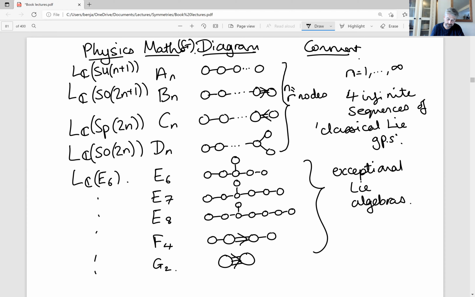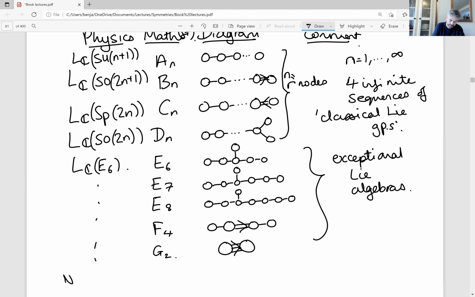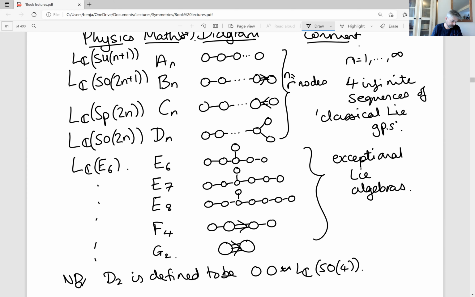Now, there's one thing to notice. You can ask what D2 is. The Dynkin diagram of D2 is defined to be just this. So this represents the Lie algebra of SO(4).